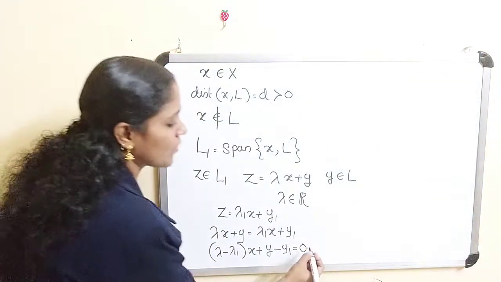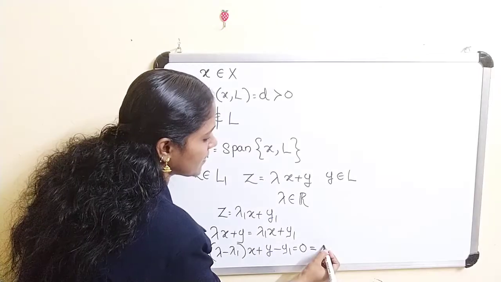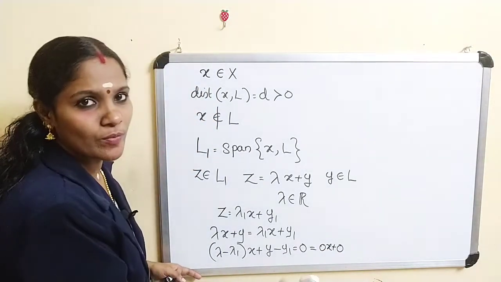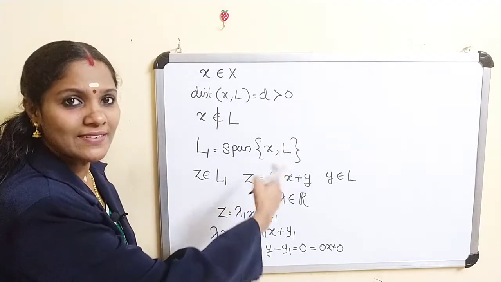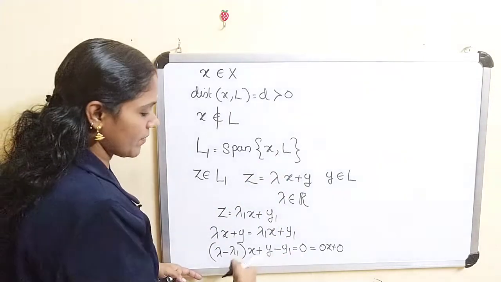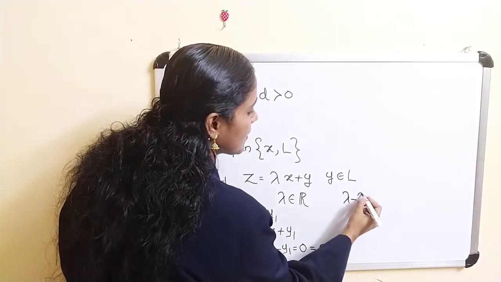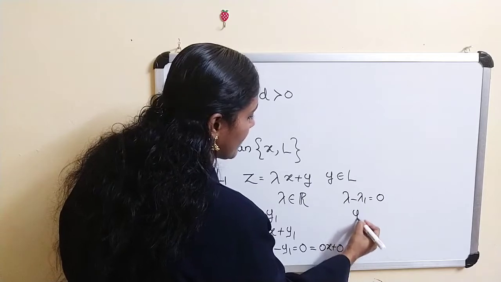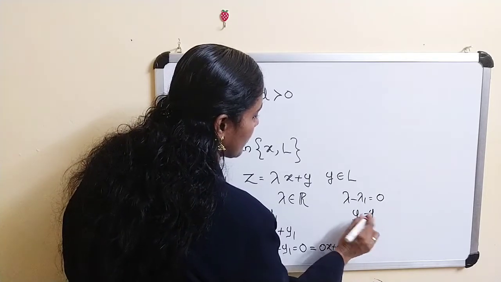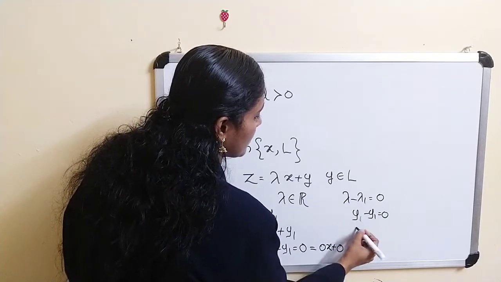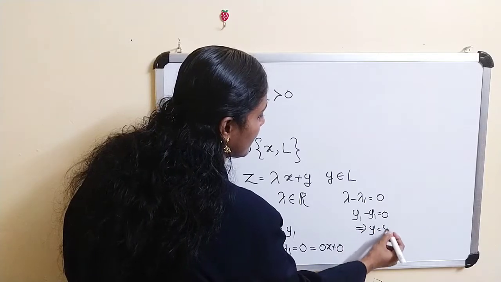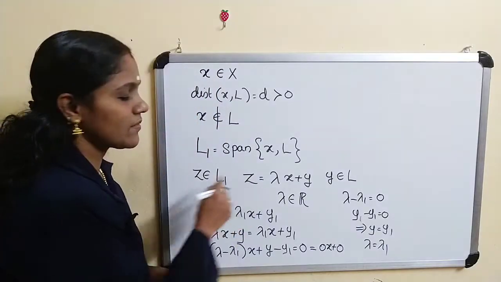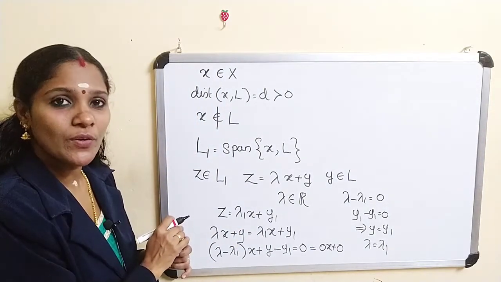And 0, clearly, you can write as 0x plus 0, where 0 belongs to L, since L is a subspace. So comparing this, we get lambda minus lambda 1 is equal to 0 and y minus y1 is equal to 0. This implies y equal to y1 and lambda is equal to lambda 1. That means the representation of z is unique.